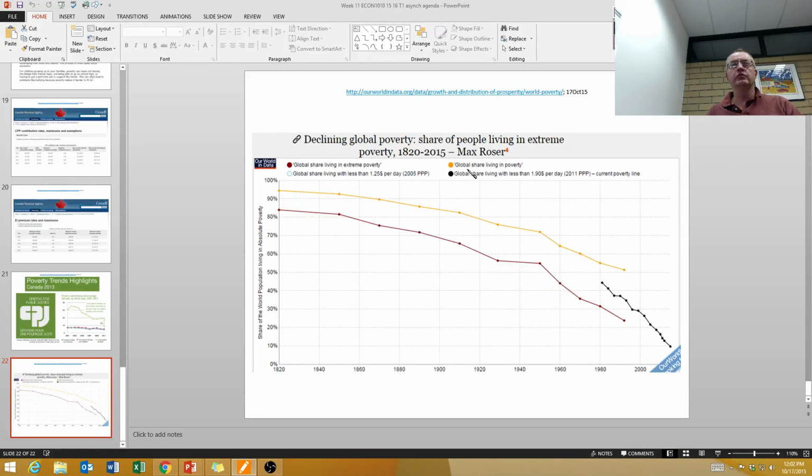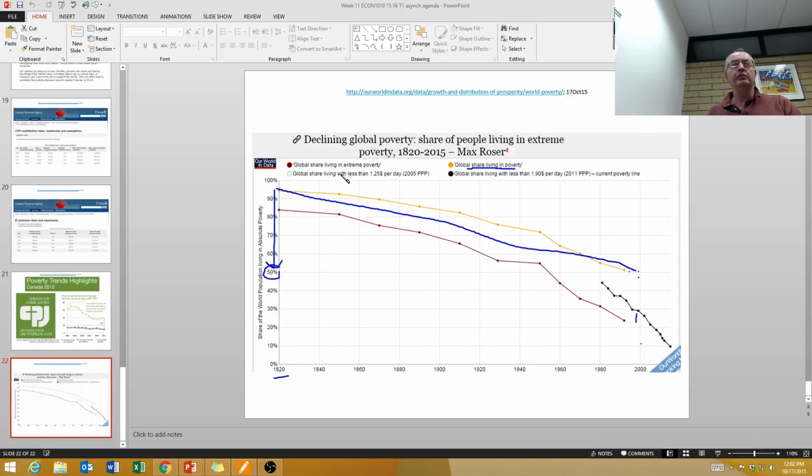Here's the global share of the population living in poverty. About 200 years ago, about 95% of the world's population lived in poverty, and today, at about 2000, so about 15 years ago, it's only about 50%. So it declined from 95% down to 50%, quite a reduction.